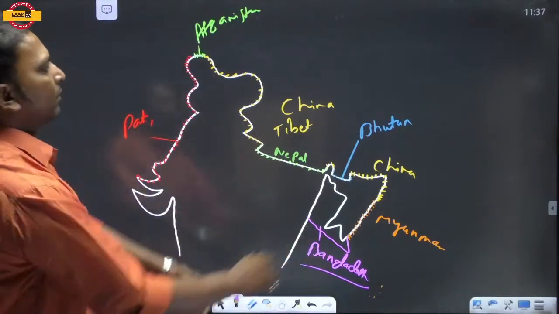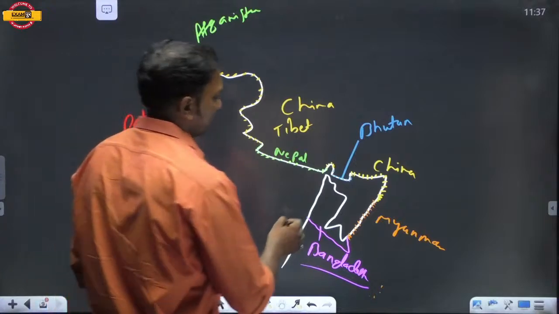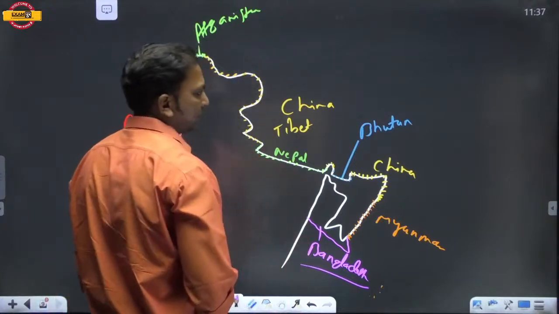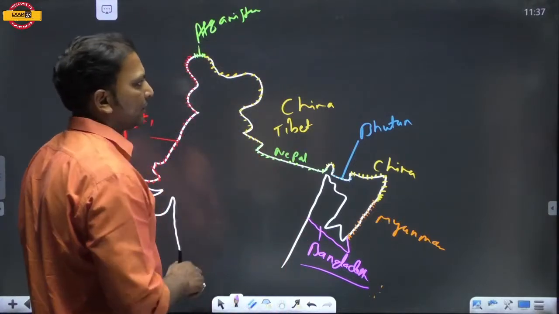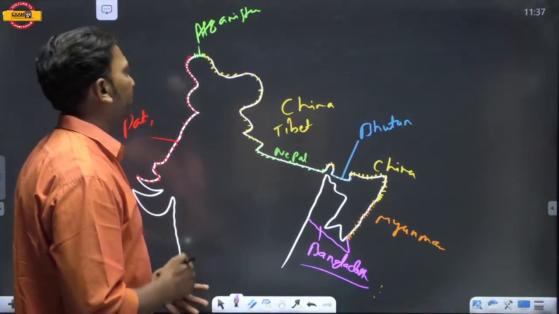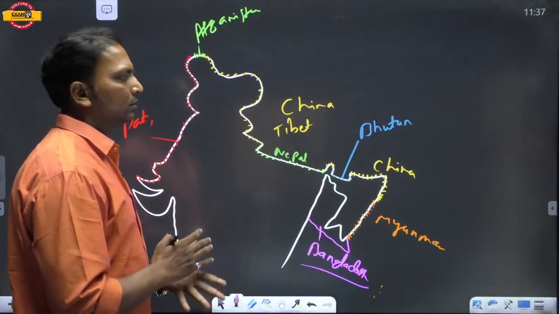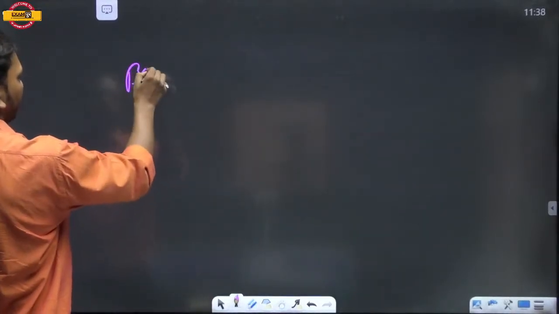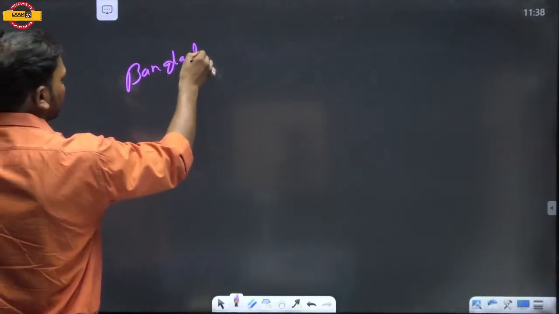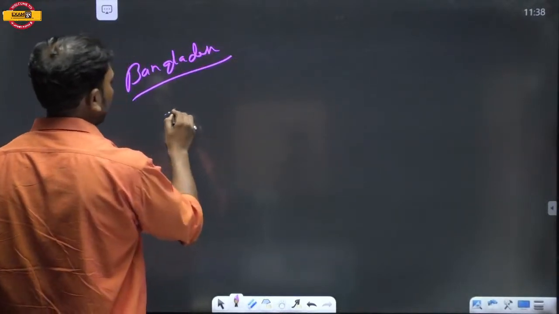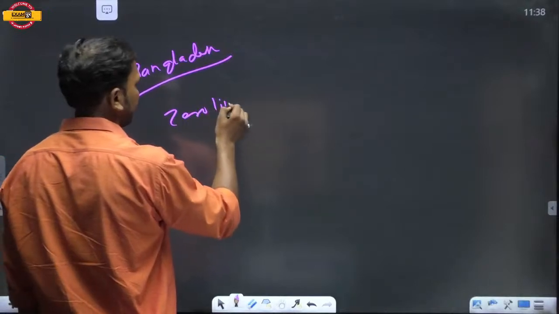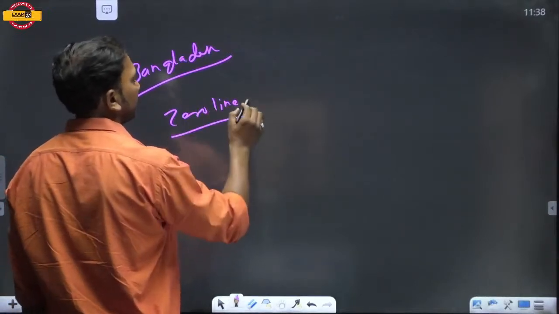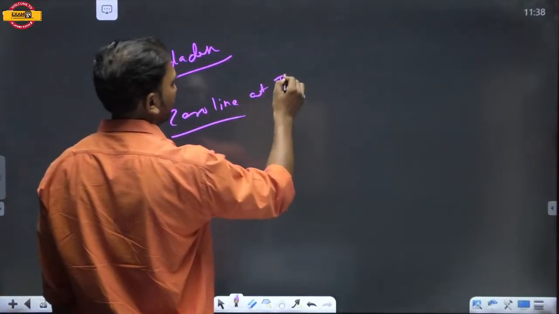Okay. So now we can see the border lines of these countries. Like the borderline with Bangladesh is called the zero line at Tripura.